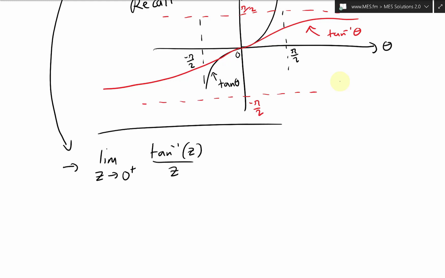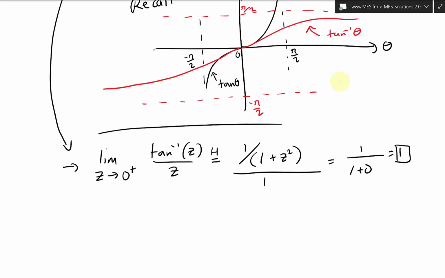Again, at 0 over 0, we take the derivative on top and bottom. The derivative of inverse tan, recall, is 1 over 1 plus z squared, from my earlier video. The derivative of z is just 1. When you plug in 0, that becomes 1 over 1 plus 0, which equals 1. And this is also greater than 0.